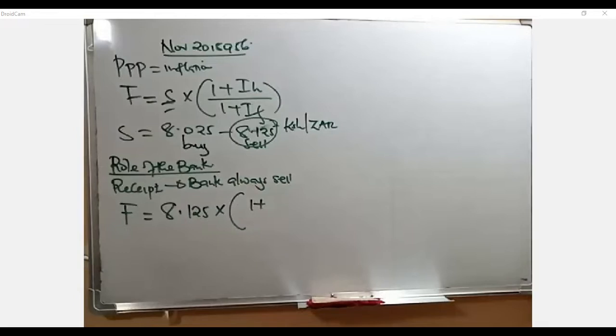So the first one we are being given how much? For receipts. Right? How much? Excuse me, Mwalimu. Sorry? Excuse me. I think for receipts, the bank always buys. What about for payments? It sells. So what are we doing here?